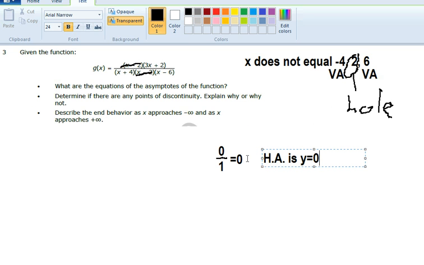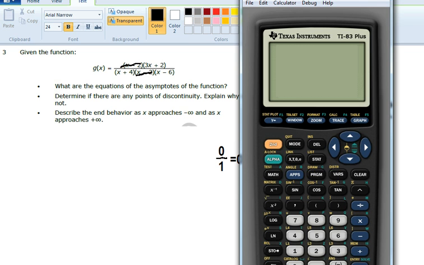Okay. Now, I'm also going to graph this just so I have it in case I need it. The original was x minus 2 times 3x plus 2.